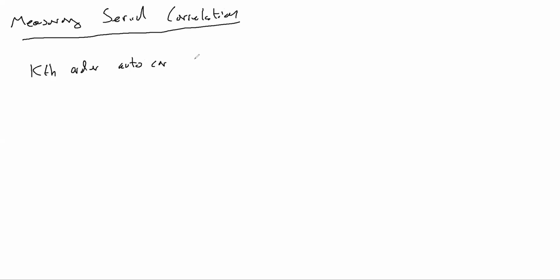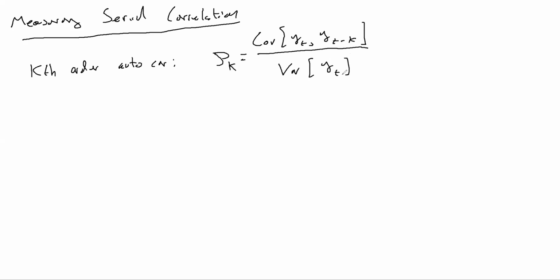We'll use rho for correlation. So rho of k is going to be equal to the covariance of y of t and y of t minus k, many lags, or whatever lag this is, divided by the variance of y of t.